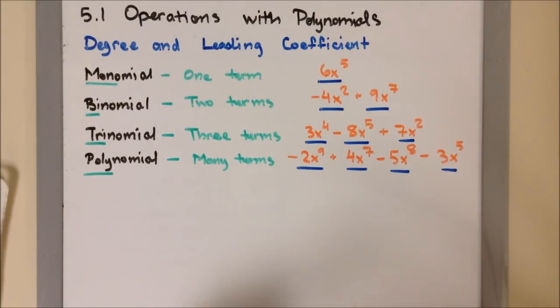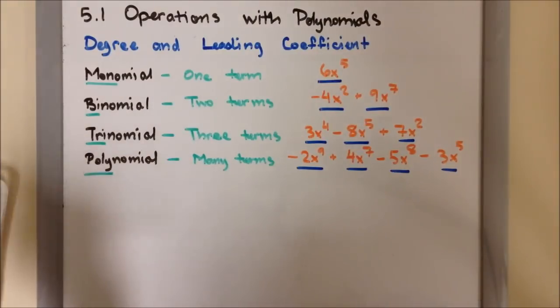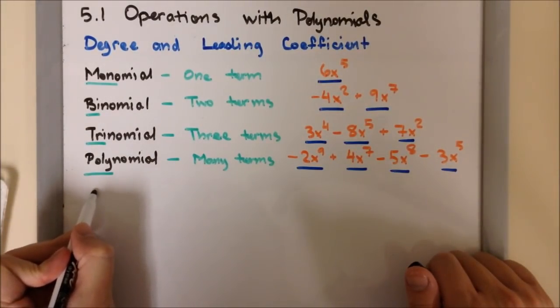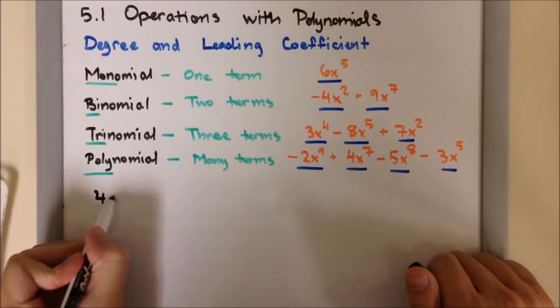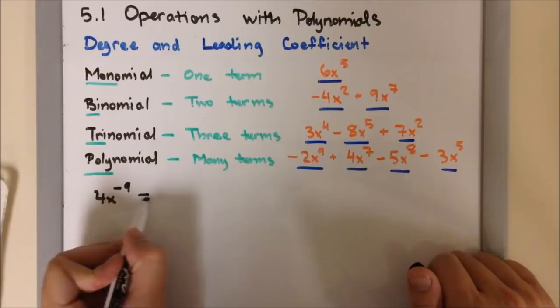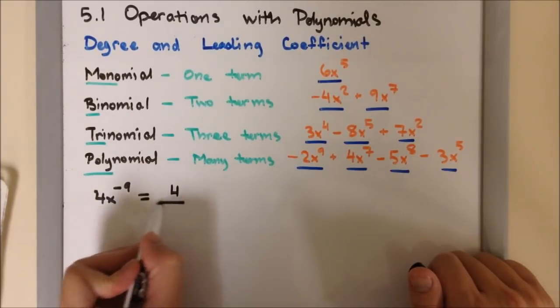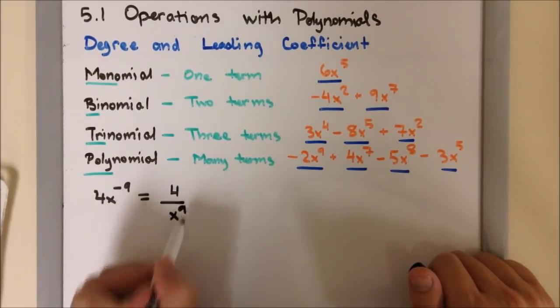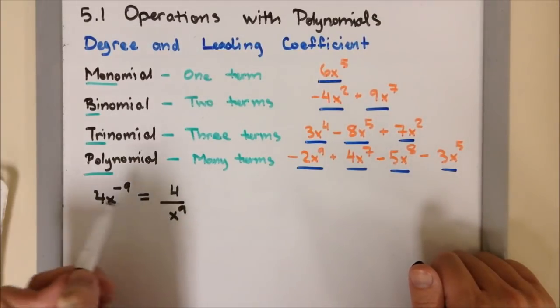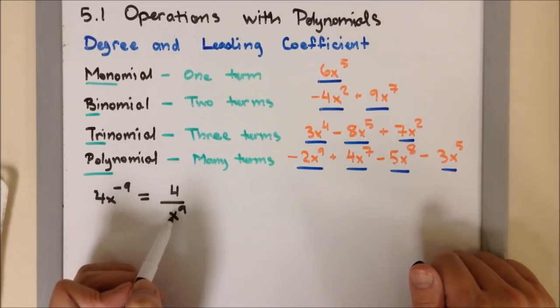The reason is each of these types, they can't have a term in the denominator. So here's what I mean. So say that you had 4x to the negative 9th power. So that will equal 4 over x to the 9th power. You see how my term x to the 9th went into the denominator?